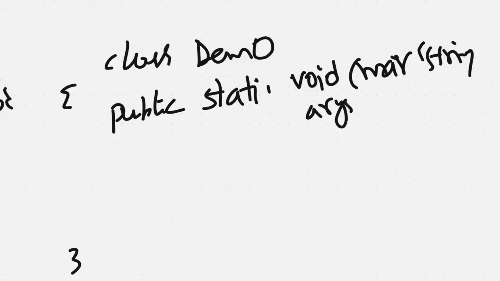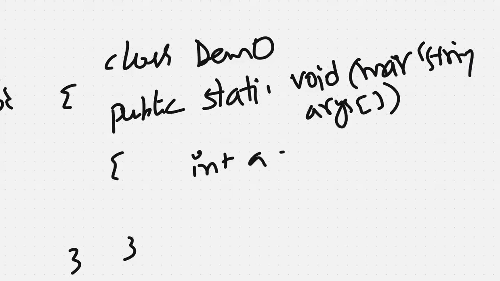Open and close. So inside we have to create conversions. Majorly, I can define the integer: I can take a equal to 10. Now I want to convert it to double type. So how can I convert?